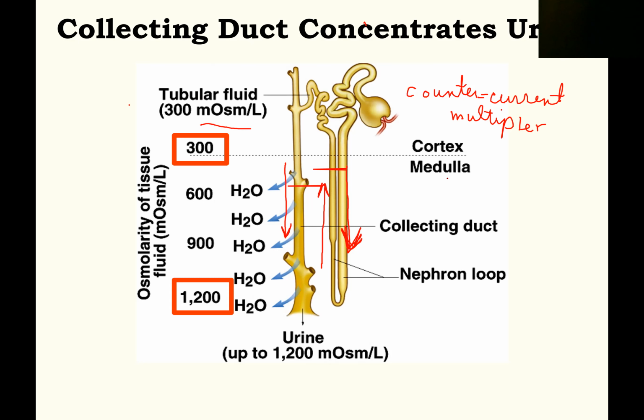So it goes in one direction, but the quantity of solutes is going to be in the opposite direction. Down, it goes up, it goes down, it goes up again.